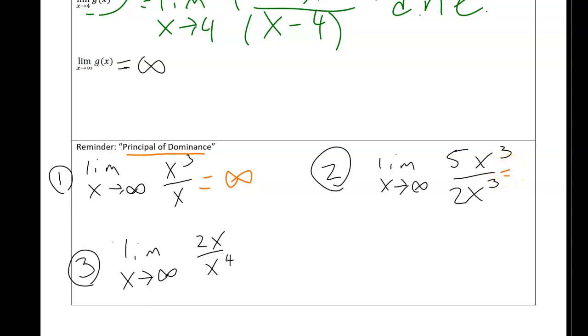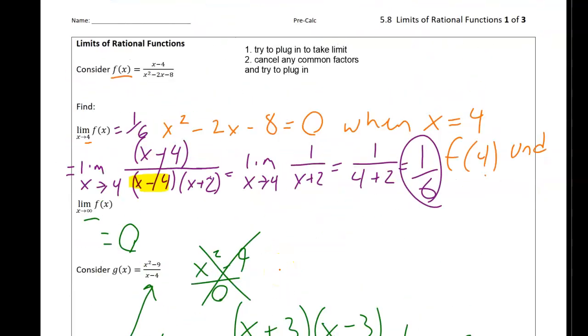If the two powers of x are equal, then we cancel them out, and the limit is 5 over 2, the ratio of their coefficients. And then if my bottom is bigger, so 4 is bigger than 1, the limit is 0. And we saw that with this guy here, right? That was a limit of 0.